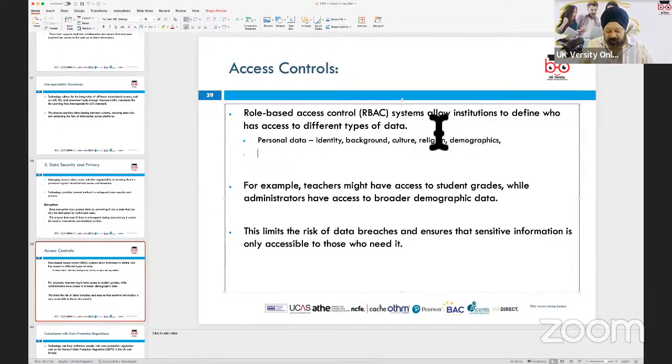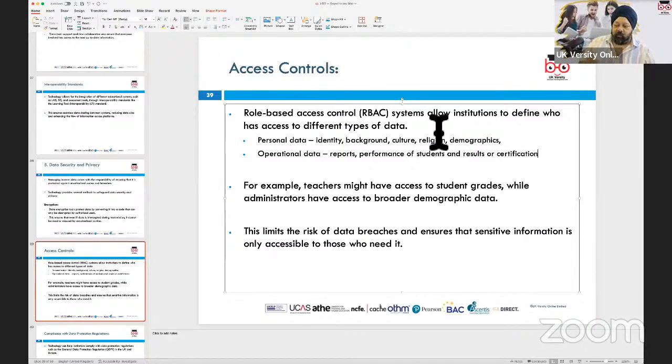Then you have what is called operational data, which is data coming out of reports or the performance of students, and this data could be results or certification.